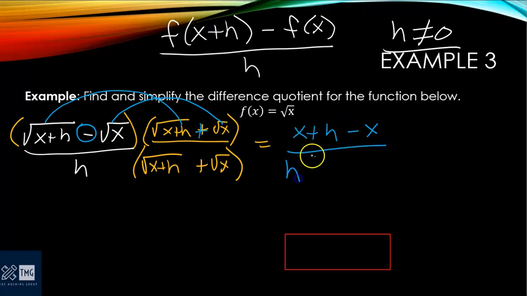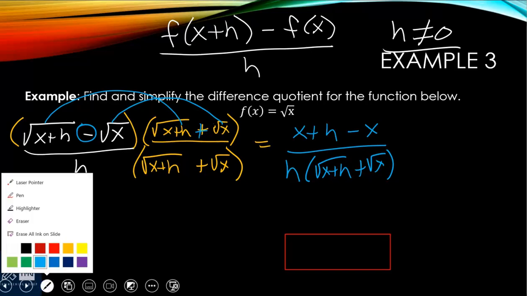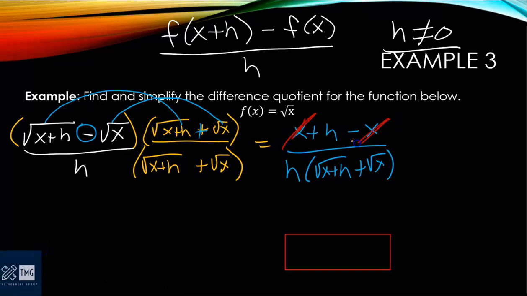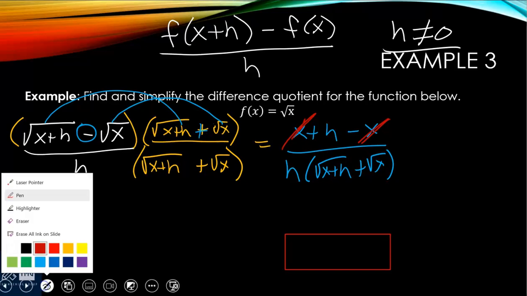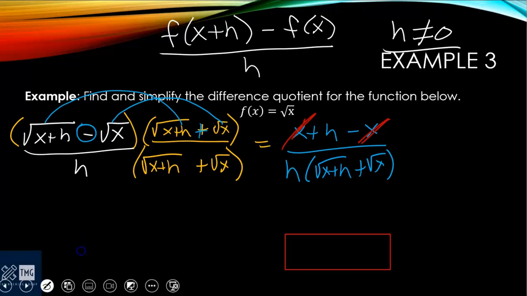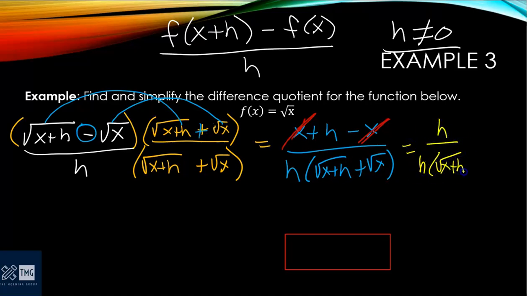In the denominator, I have h times the square root of x plus h plus the square root of x. In my numerator, the x's cancel out. x minus x is 0. And you may also notice that because I then have h over h times the square root of x plus h plus the square root of x, my h's are going to cancel out.